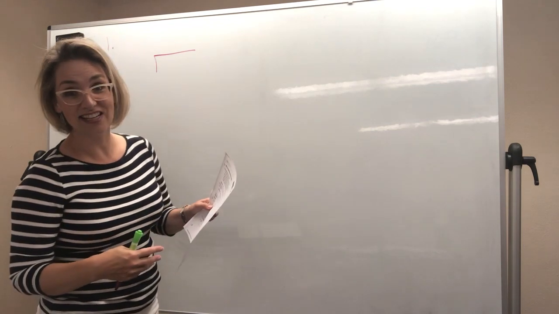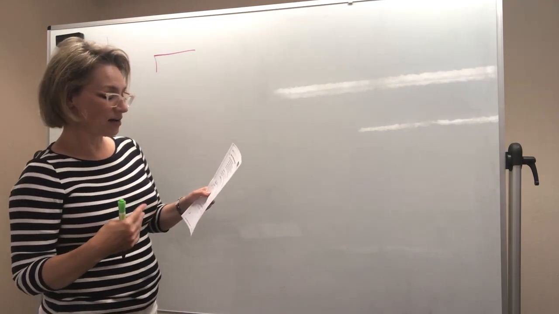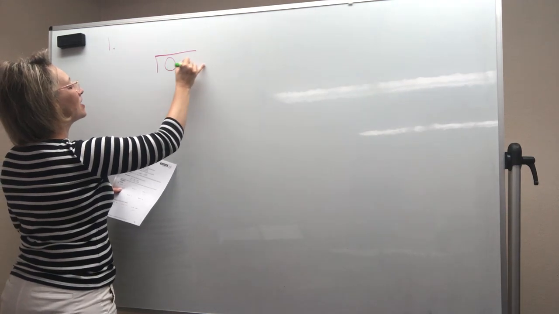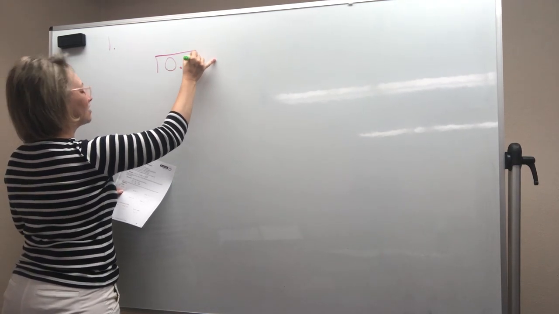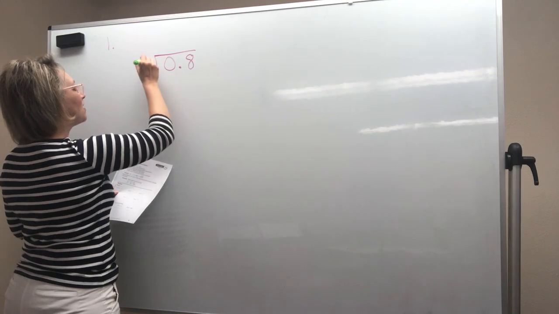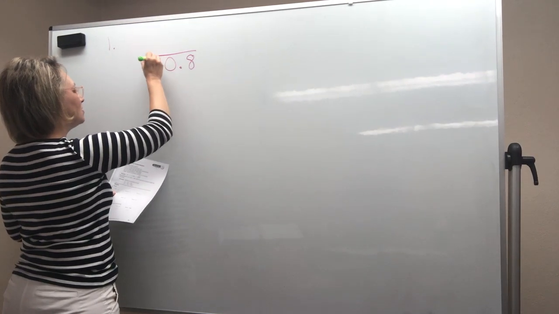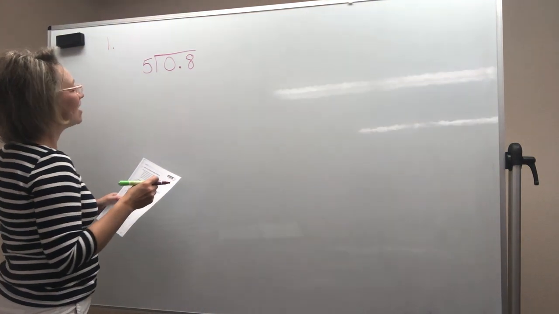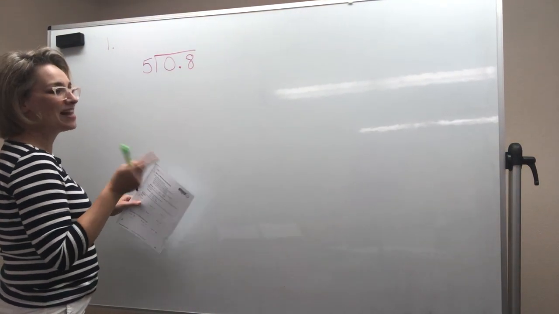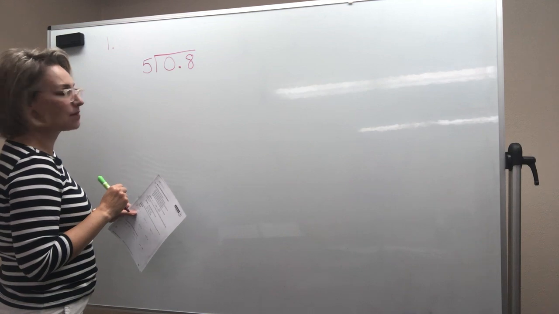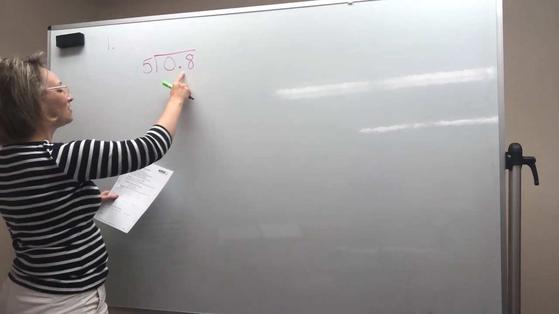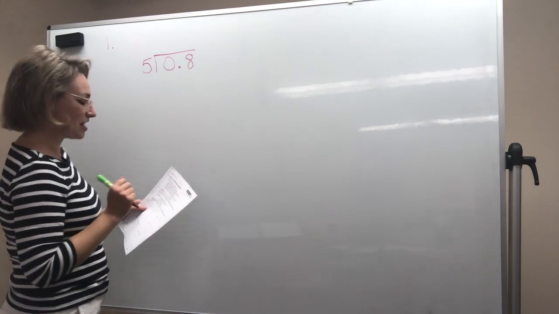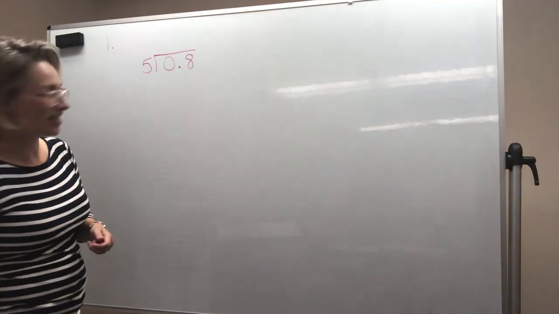So that's the number that's getting divided. 8/10 divided by 5. That means that the 8/10 is the part inside the little division box. Divided by 5. This is the outside number here, the divisor, is the one that we're dividing it into that many size pieces. Does that make sense? So it's 8/10 divided by 5. Make sure you double check that you've written that part of your problems correctly, okay?